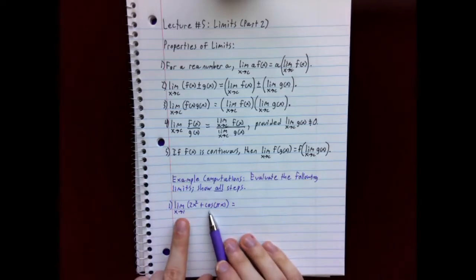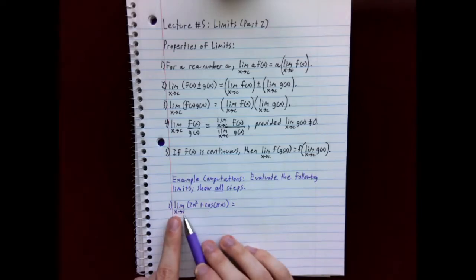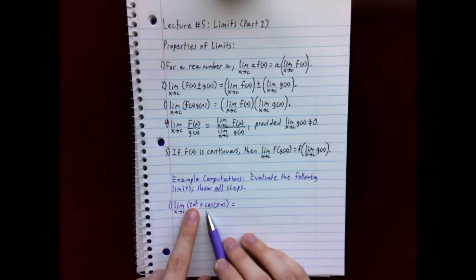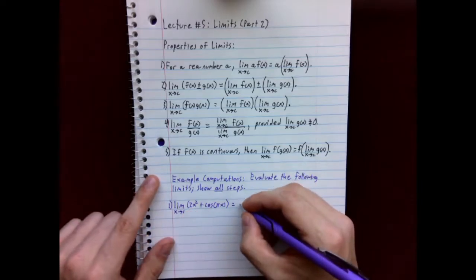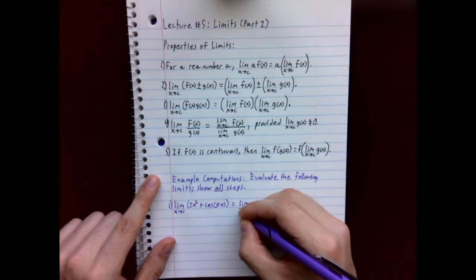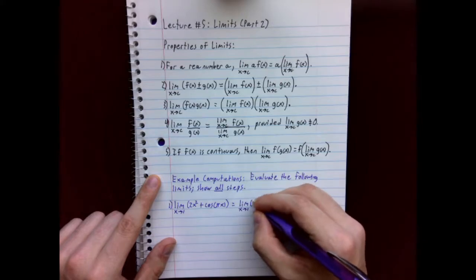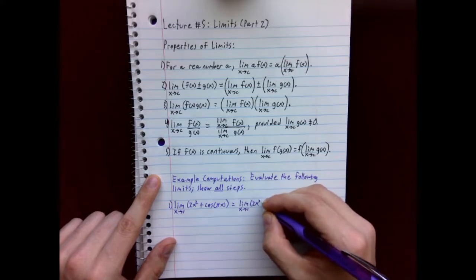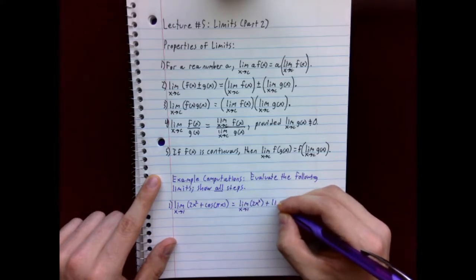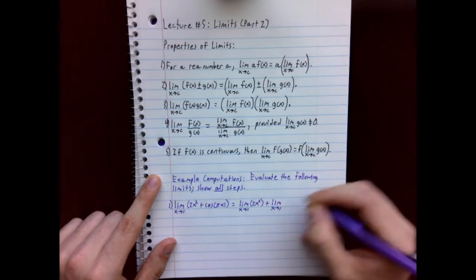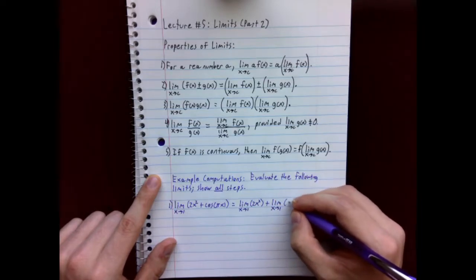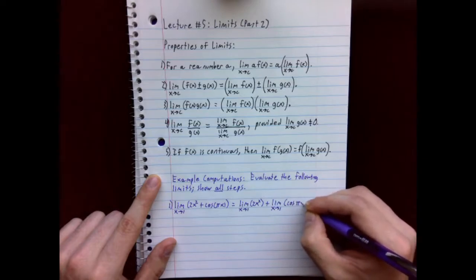First of all, I can break this apart as a sum of limits. So this is the limit as x approaches 1 of 2x squared plus the limit as x approaches 1 of cosine of pi x.